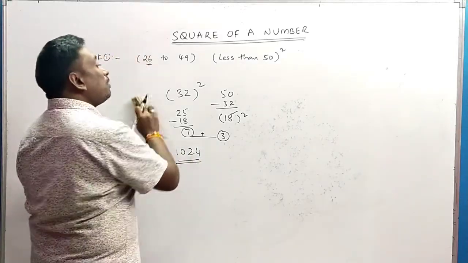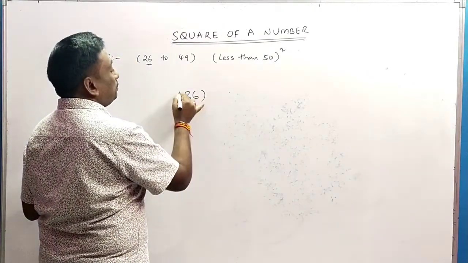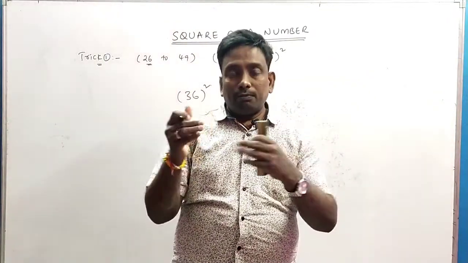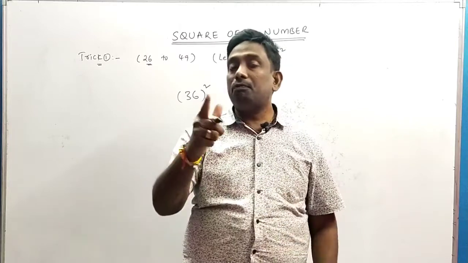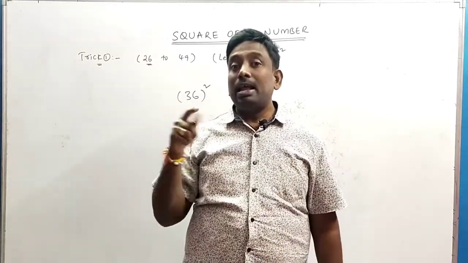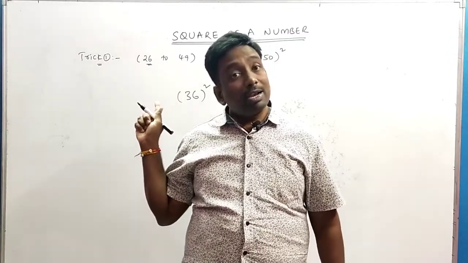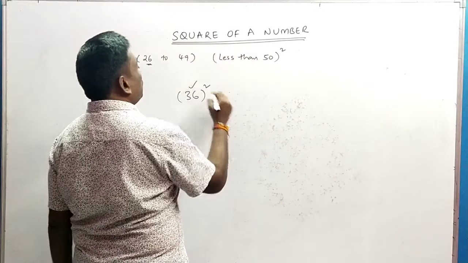Once again, I will explain clearly: 36 square. For finding the square of that number, you have to subtract the number from 50. These numbers are less than 50 and nearer to 50. In that case, we have to subtract from 50.